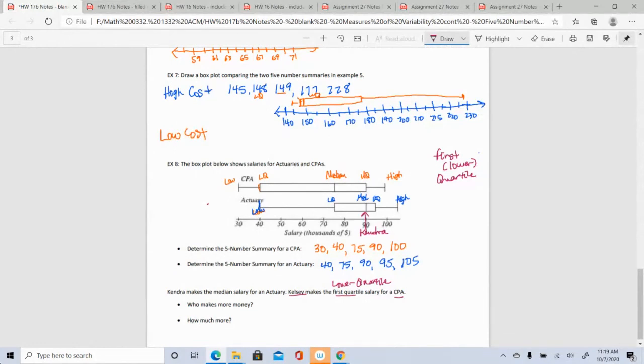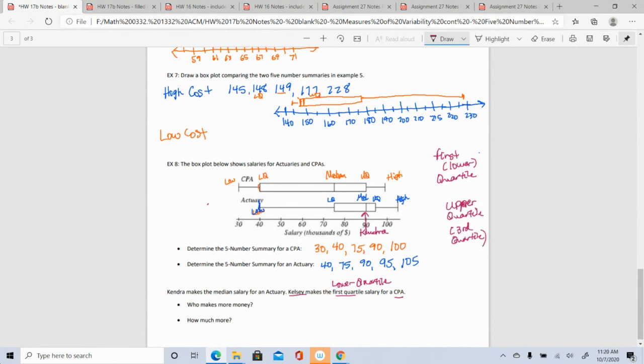And sometimes they'll call the upper quartile the third quartile. That's just because sometimes they call it the first quartile, the second quartile, and the third quartile.